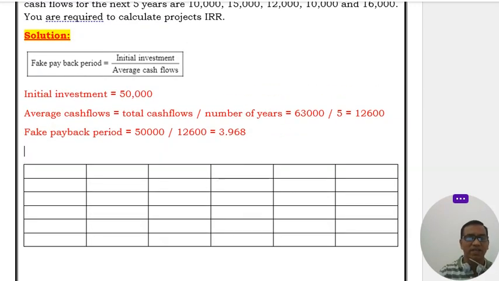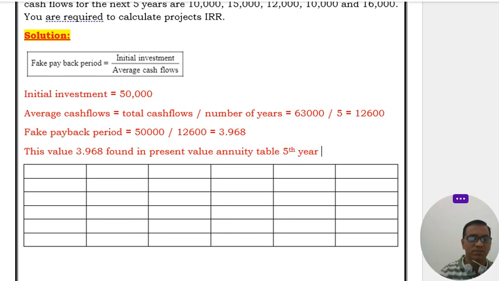And let us calculate PV table values at 8%. See, I am writing here. Not exactly 3.968, but the nearest value was found in the present value annuity table, fifth year row, under the 8% rate of return.